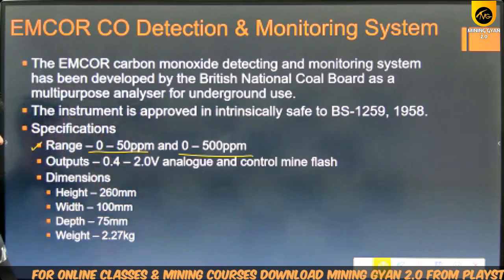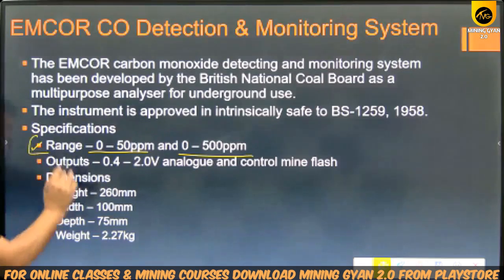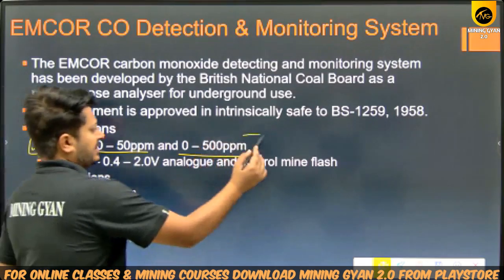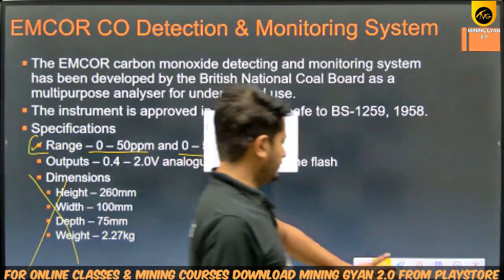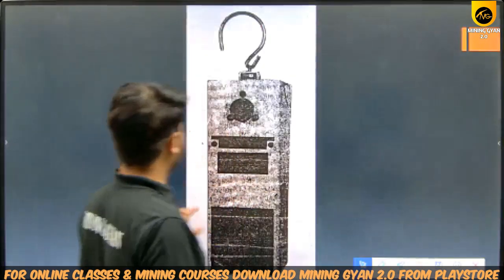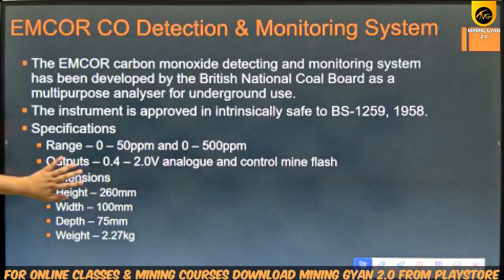It comes in two variations, 0 to 50 ppm and 0 to 500 ppm. Just remember the range and nothing else. All these are of no use. This is the MCOR CO detection.